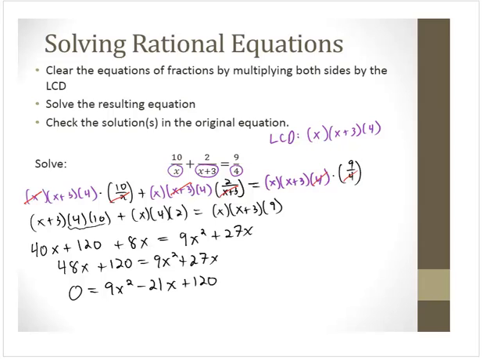Now I think this will factor, but I'm not sure. I'm just going to go to the quadratic formula. So x would equal 21 plus or minus the square root of negative 21 squared, 21 squared is 441, minus 4 times 9 times 120.